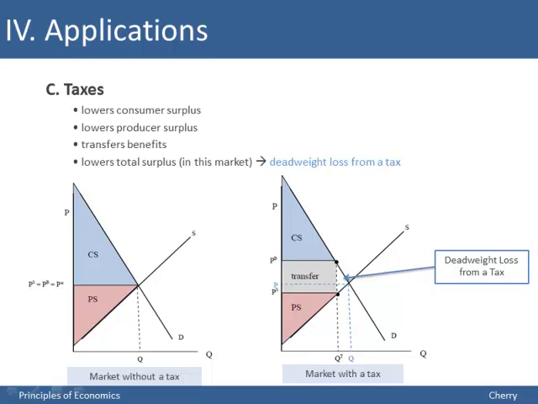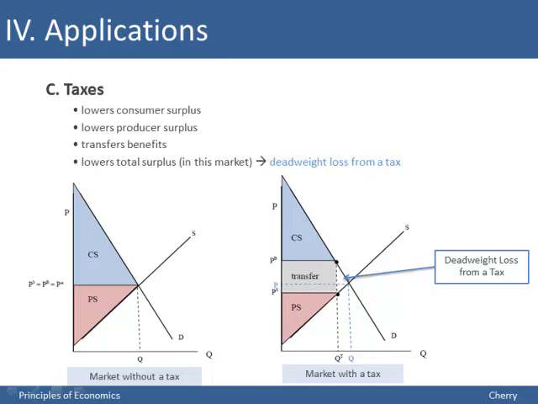So we see all of these results we just went through before. The consumer surplus is lower because some of those benefits now are being transferred away. Producer surplus is lower because they're receiving a lower price, and they are covering some of that transfer that's gone away. Now the clear triangle represents the deadweight loss.